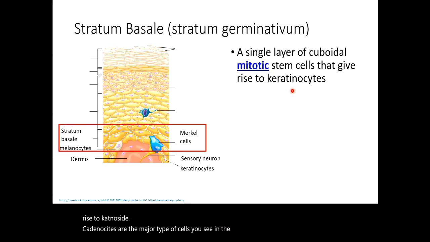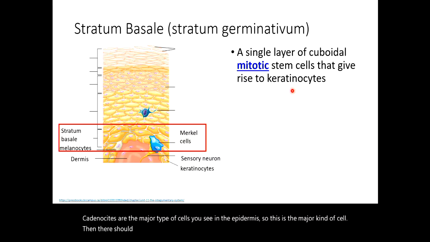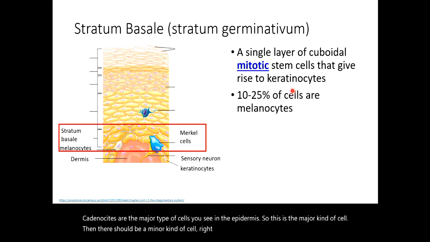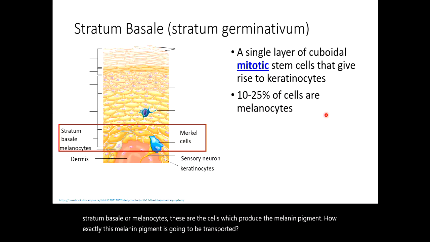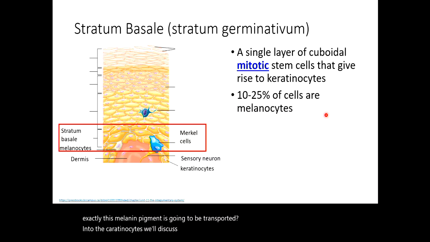If this is the major kind of cell, then there should be a minor kind of cell, right? Around 10 to 25% of the cells in stratum basale are melanocytes. These are the cells which produce the melanin pigment. How exactly this melanin pigment is transported into the keratinocytes, we'll discuss next week.